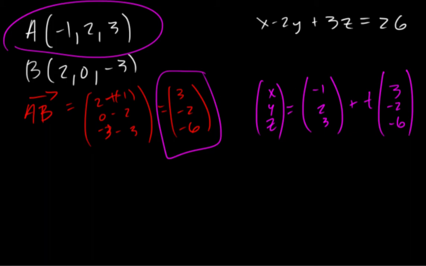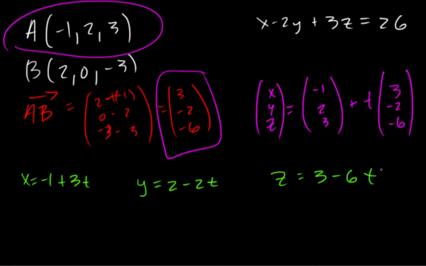Now we can write parametric equations. We can say x equals negative 1 plus 3t. We can say y is equal to 2 minus 2t, and z is equal to 3 minus 6t.